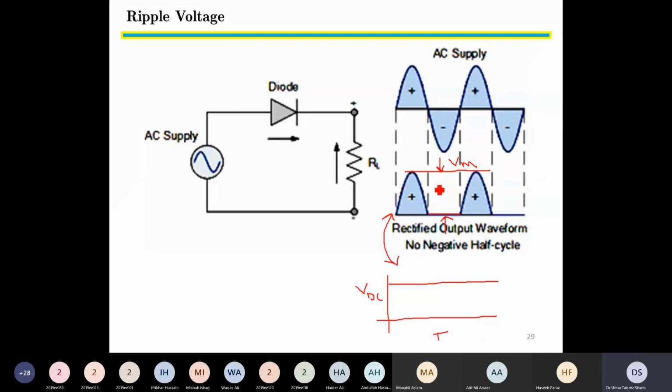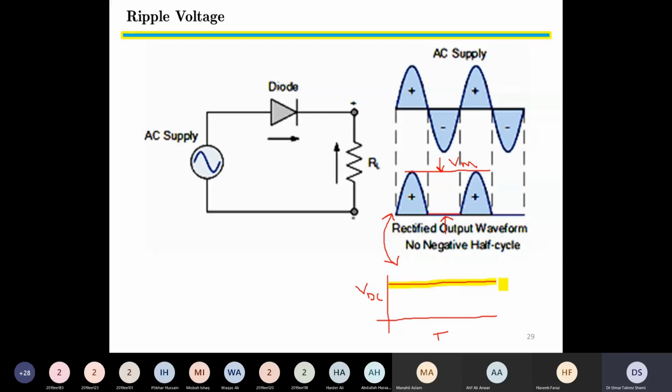The ripple voltage ideally should be 0. And this can be seen if we look at our ideal voltage. In the ideal DC voltage, the ripple is approximately 0 volts. But the voltage obtained from the rectifier is very large.